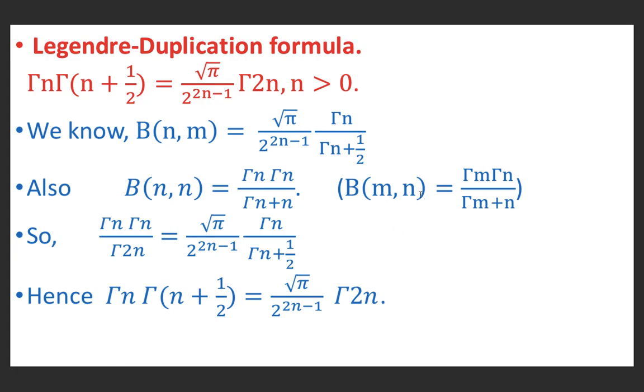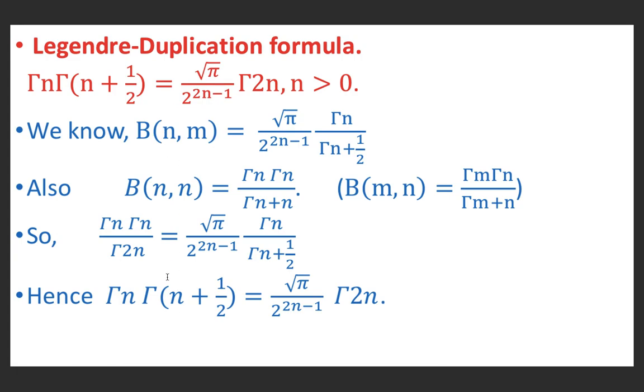If m is equal to n, then beta(n, n) is gamma n gamma n upon gamma n plus n. So it means gamma n squared upon gamma 2n is equal to under root pi gamma n upon 2 raised to 2n minus 1 gamma n plus half.